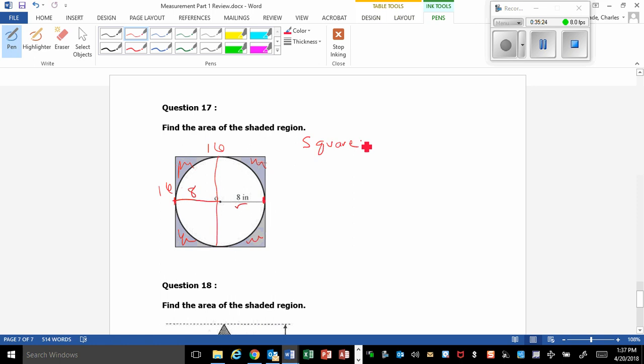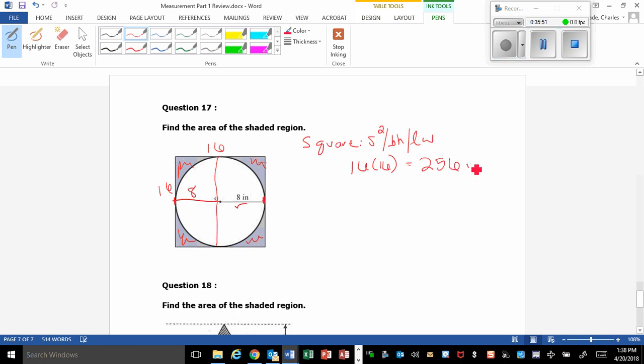Okay? So the area of the square is s squared, or base times height, or length times width, one of those. In this particular case, it's going to be 16 times 16, which our calculator tells us is 256.